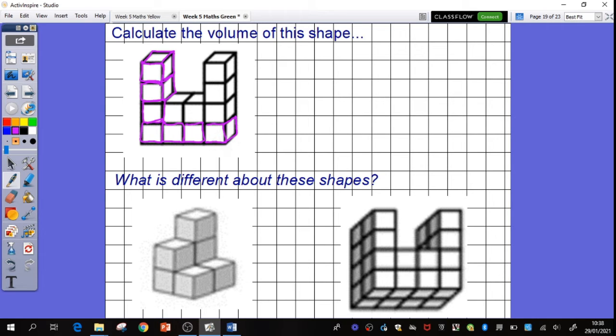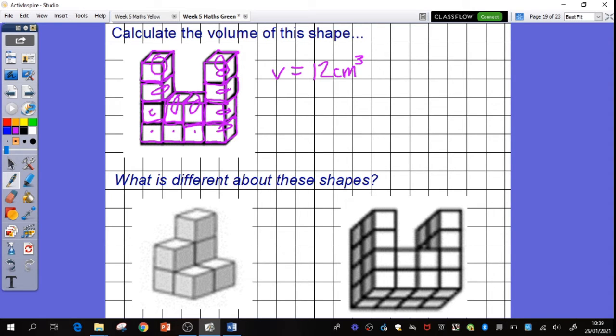I need to notice that it does include the side bits there. 8, there, 9, 10, 11 would be this one, and then you need to include the bits at the top, as that would be a cube. 12. 1, 2, 3, 4, 5, 6, 7, 8, 9, 10, 11, 12, yes. So the volume of this one will be 12 centimetres cubed.